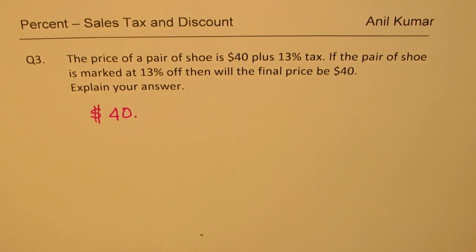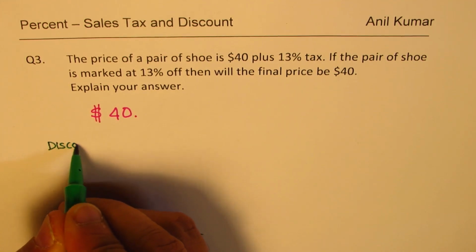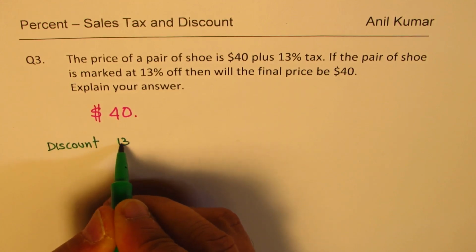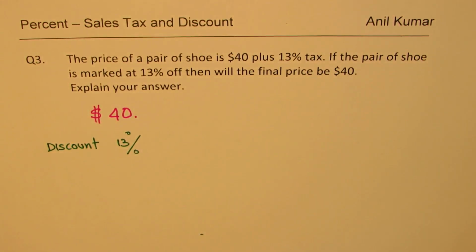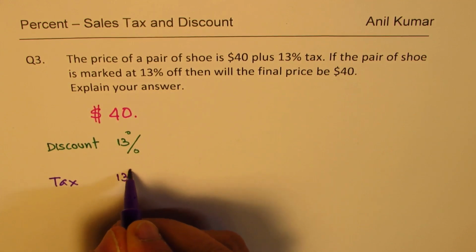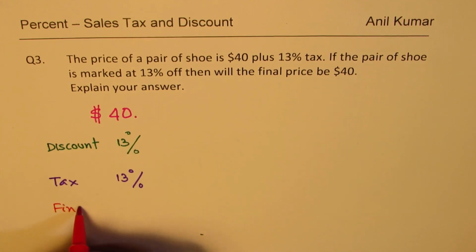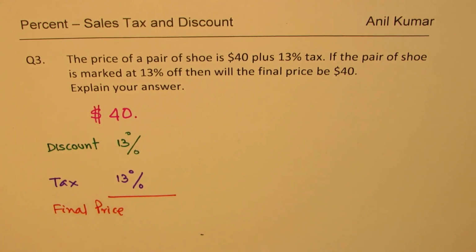And then we are saying that the discount is 13%. And we also know that on this particular price, the tax is 13%, right? Now, the question for you is to figure out what the final price is. This is what you need to figure out.